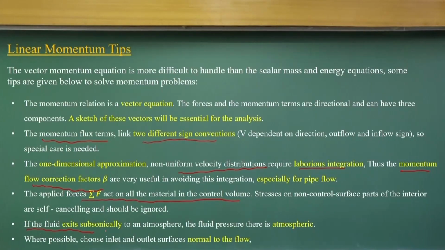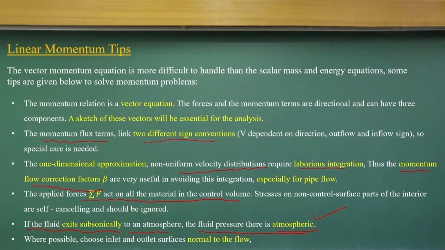And this is very good, it is not an approximation, it is a quite valid condition. When the fluid exits to the atmosphere and the fluid flow is subsonic, then we can assume the fluid pressure at that location is atmospheric pressure. This assumption is quite valid.